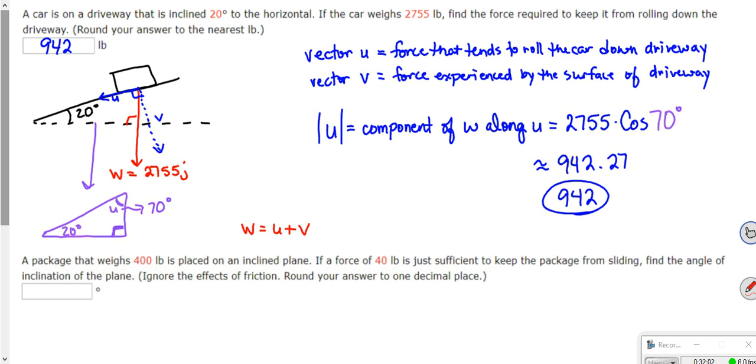So that's what they're talking about in the one below it. It takes a force of 40 pounds to keep the package from sliding back down the incline. So then we have to find the angle of the inclination. We're going in reverse of what we just did on the one above.